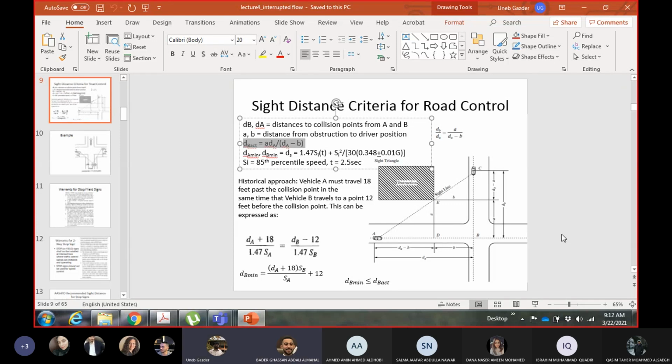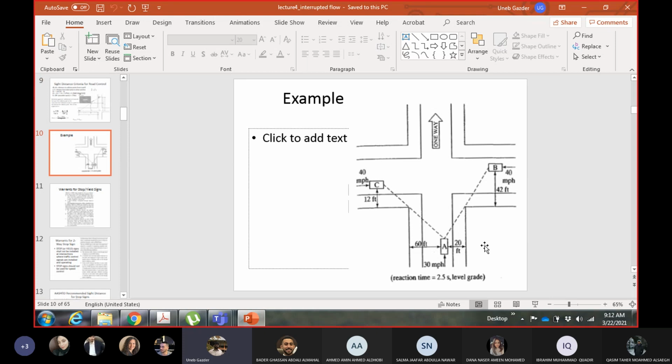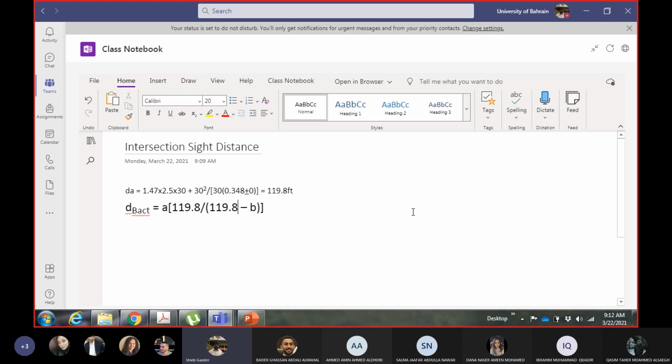Yeah, the distance to the side obstacle of the road from vehicle A will be small a, and if you take it from vehicle B, then it will be small b. So a is 20 feet here and b is 42 feet here. 20, 42. How much is it?